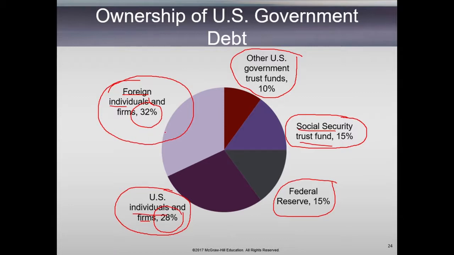So kind of two policies that are working against each other: one having a very large budget deficit, but on the other hand, being very skeptical of trade deficits.